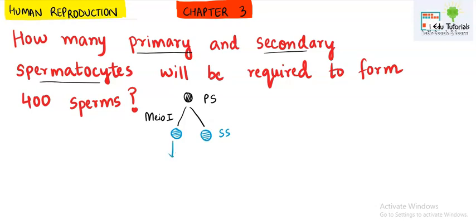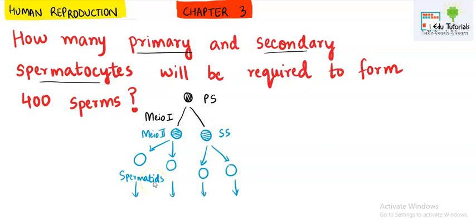Now these secondary spermatocytes, which are 2 in number, each secondary spermatocyte undergoes meiosis 2 and forms 2 spermatids. That means from one secondary spermatocyte, 2 spermatids are formed, and these spermatids, by the process of spermiogenesis, will ultimately transform into sperms.